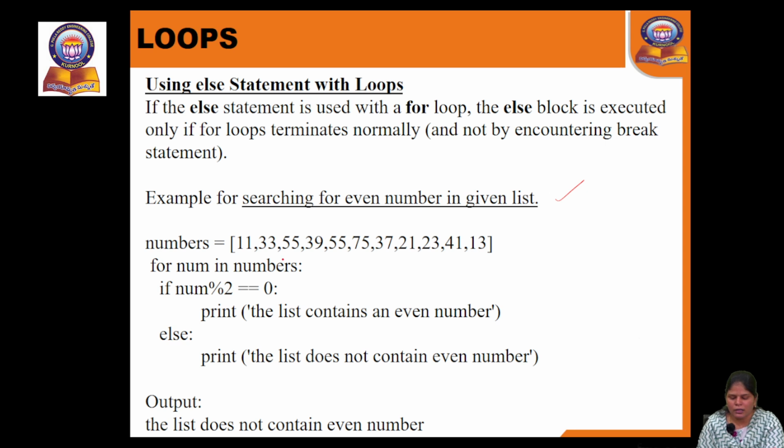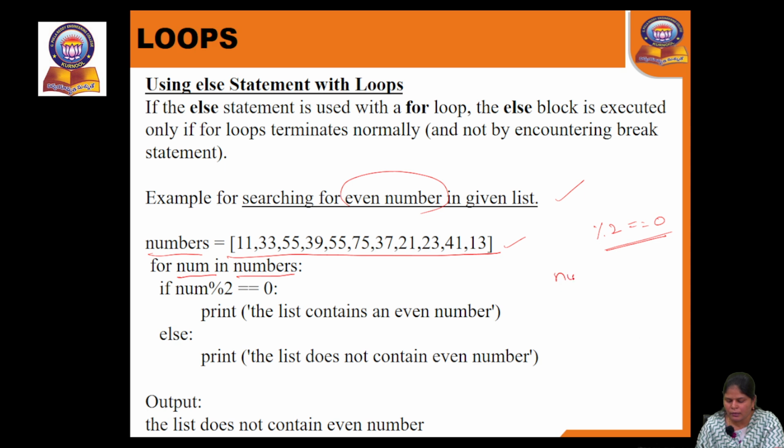So I have a list of integers, and the name of this list is numbers. So what I am doing is, num in numbers. If I want to check for an even number, the value should be divided by 2 and the remainder should be equal to 0. That's why I am considering the iterating variable num in numbers.